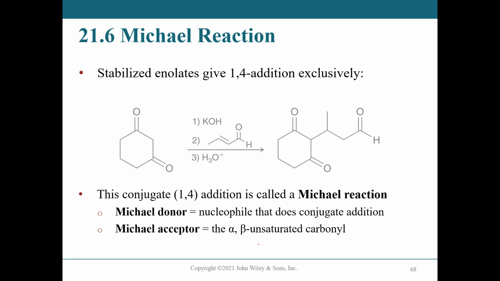Where they talk about the Michael donor, they're not showing this, but the Michael donor, we can show this. Here'd be your Michael donor. There's an electron right there, and then the Michael acceptor.